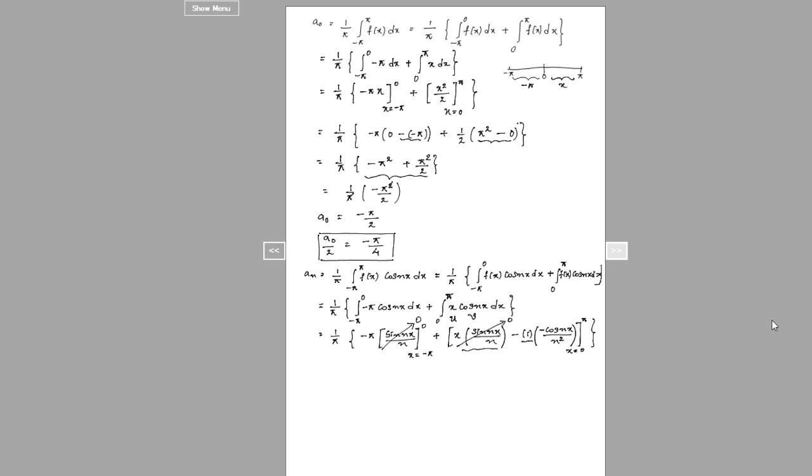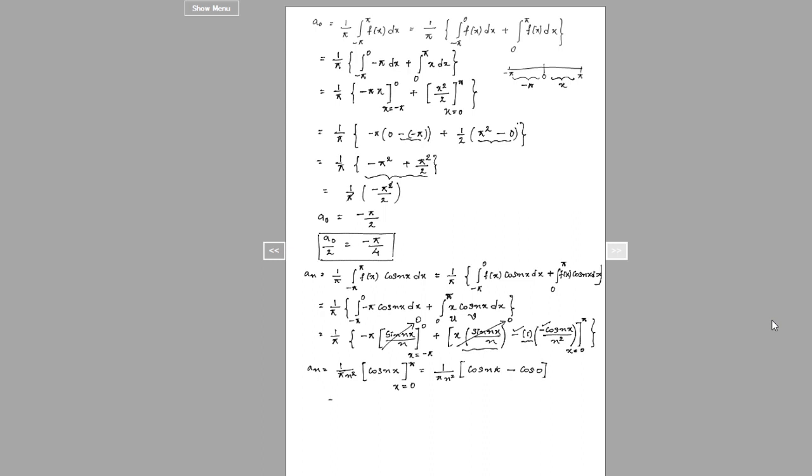So finally you are left with an equal to 1 by pi, minus into minus plus, so 1 by n square is there, so take out that constant term n square outside. You're left with cos nx, limit x equal to 0 to pi, which is equal to 1 over pi n square, apply upper limit, it is cos of n pi minus cos 0.